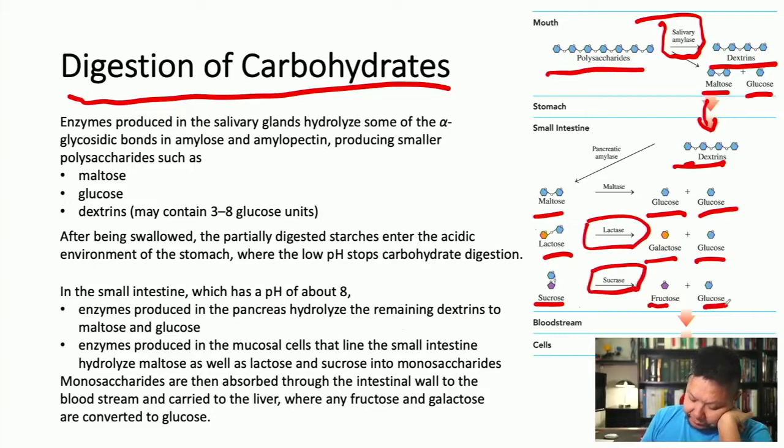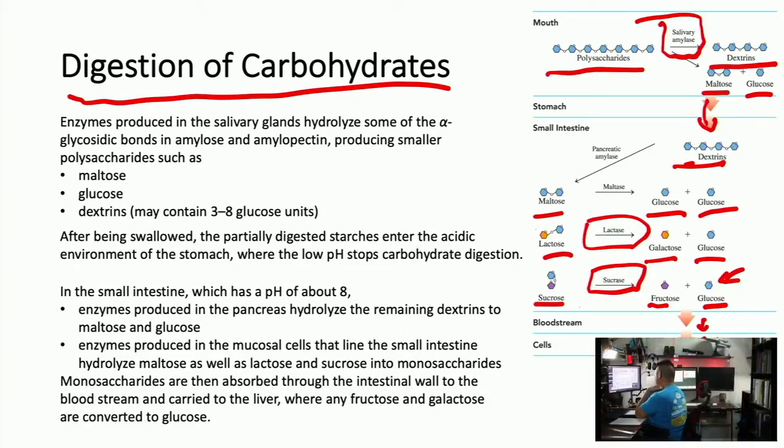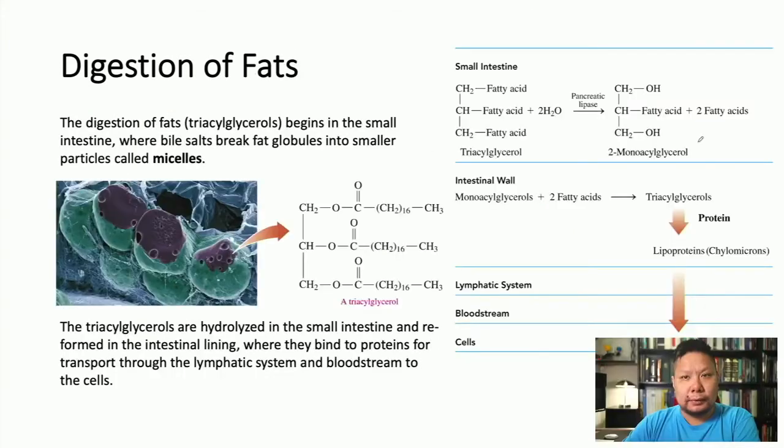Once all those polysaccharides are broken down into their monosaccharide forms, it goes into the bloodstream and into the cells where we do glycolysis and other stuff like storing it. But in this particular lecture, we're just going to talk about glycolysis and the steps after glycolysis.